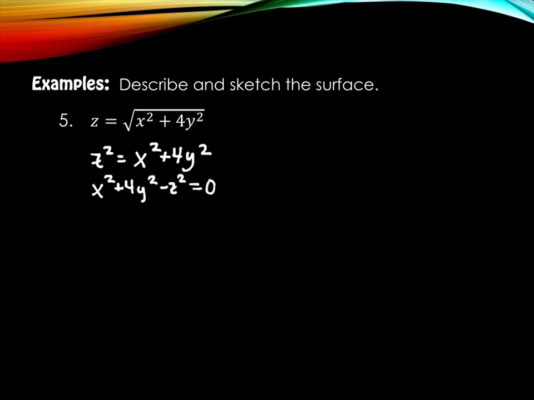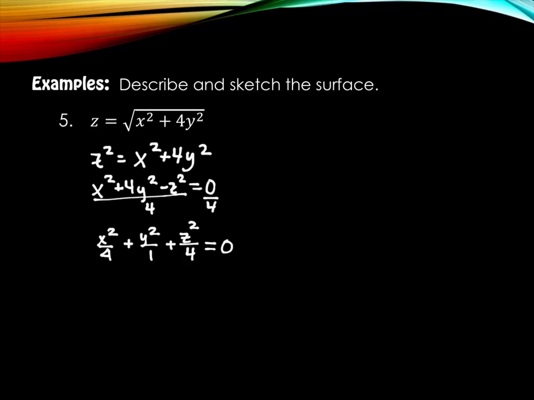Divide by 4. So we have x squared over 4 plus y squared over 1 plus z squared over 4 equals 0.